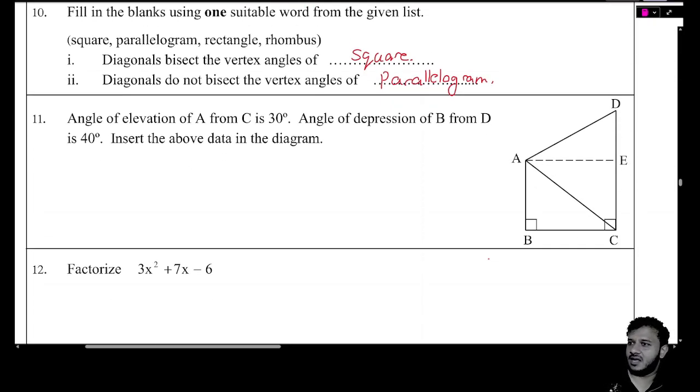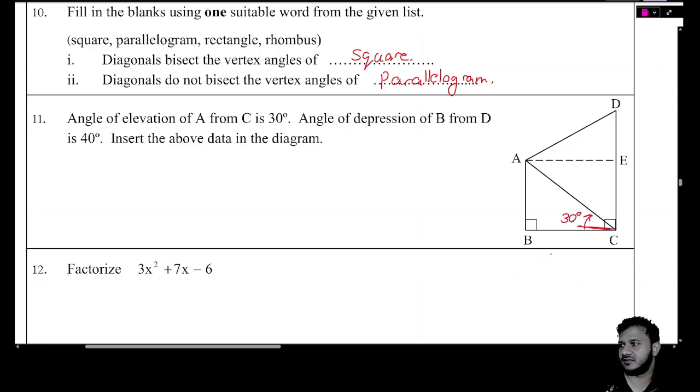Next up. The angle of elevation of A from C is 30 degrees. So from point C, looking upwards towards A is 30 degrees.